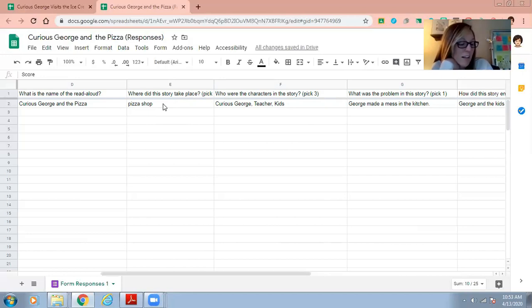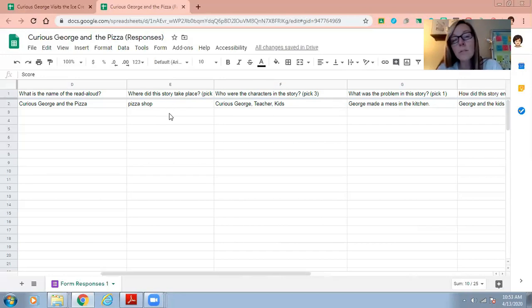Right. Okay. And it also makes me wonder too about text level, if we want to be more strategic with something that's a little harder, if the problem is not as easy to recognize in some texts as others, or if they have multiple problems, like what's the biggest one?